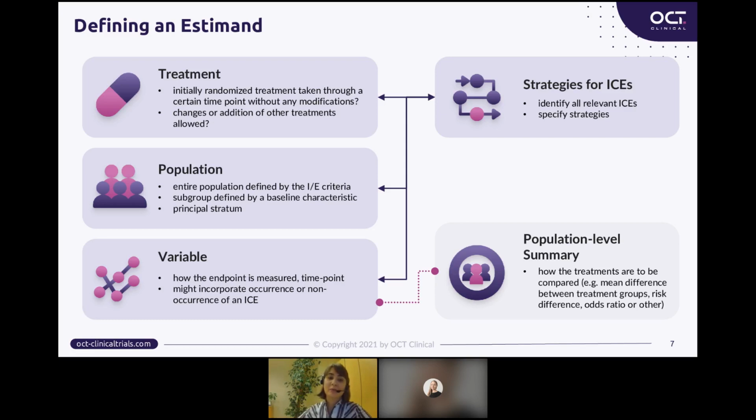The second is the population of interest, which could be the whole patient population defined by the inclusion-exclusion criteria, a subgroup based on baseline characteristics, or principal stratum. The third is the variable or endpoint used to quantify the effect of interest, which usually includes a specification of when and how the endpoint is measured.